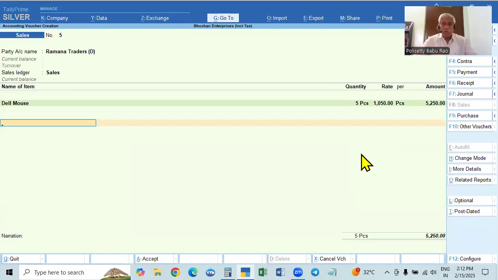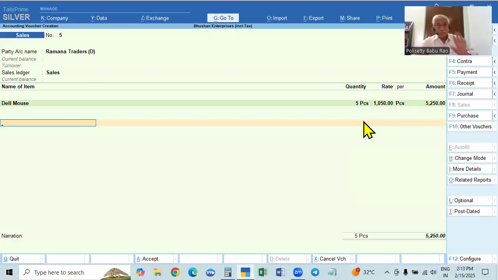In such a case, what we have to do is put a separate column. Here we are giving the rate, which means the taxable value, and the tax will be extra. So we have given a separate column for the price, that is, the rate inclusive of tax.